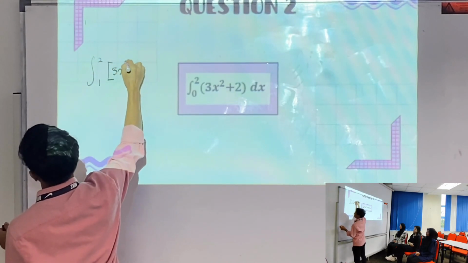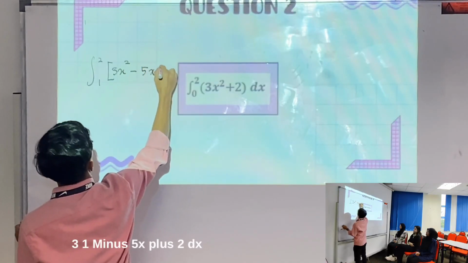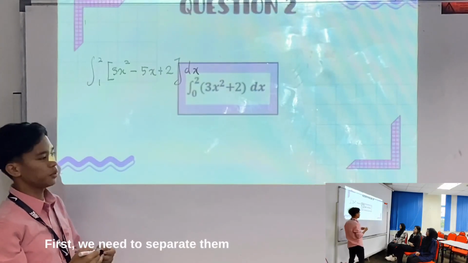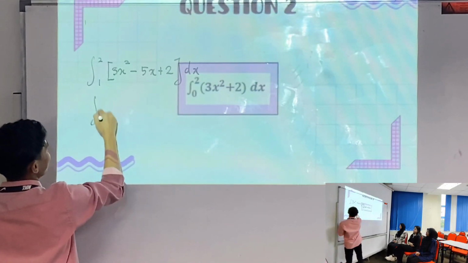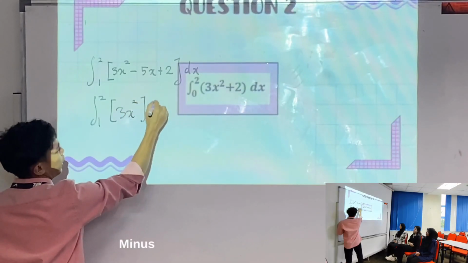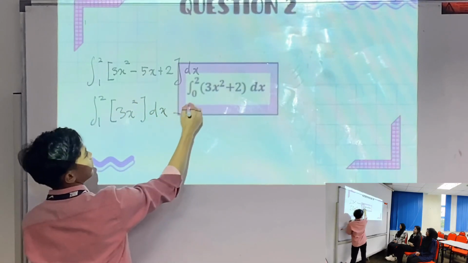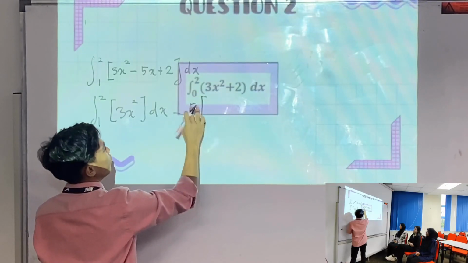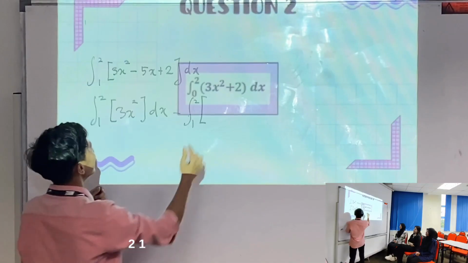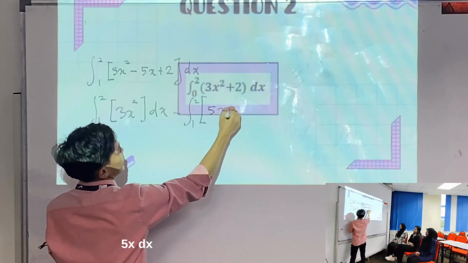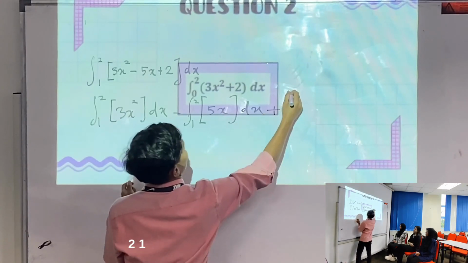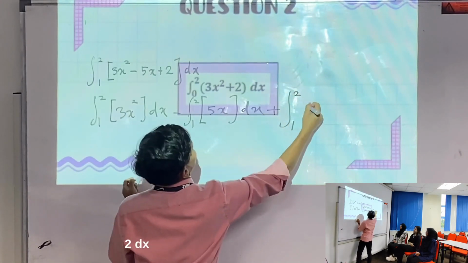Okay, let's practice another question. The integral of 3x squared minus 5x plus 2 dx, with limits 1 to 2. First, we need to separate them: 3x squared dx minus 5x dx plus 2 dx.